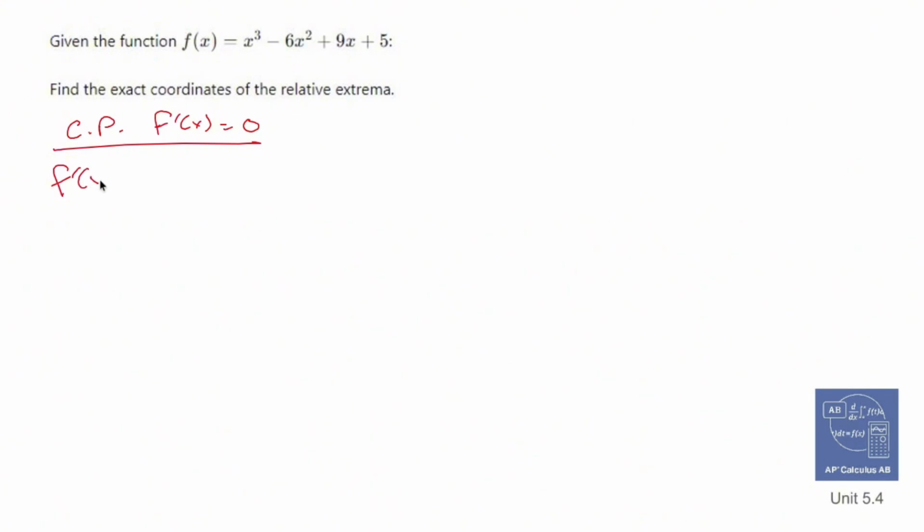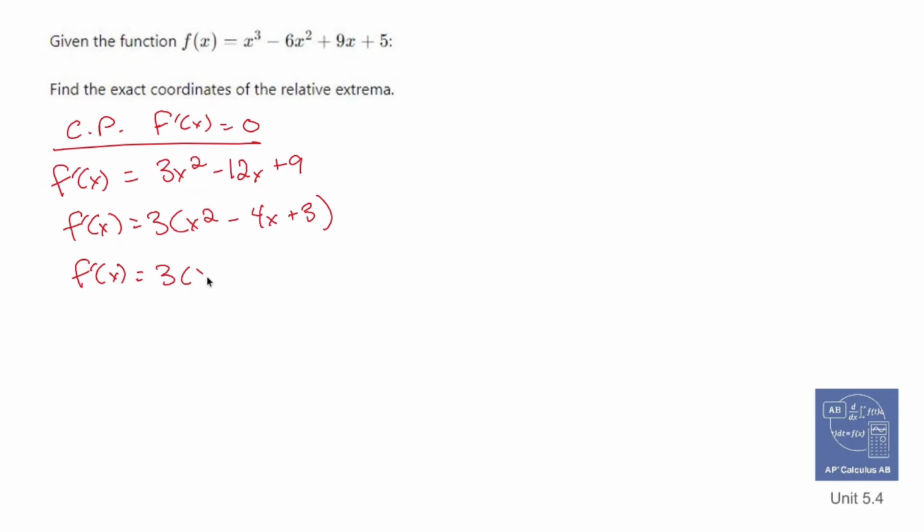F prime is going to be power rule, power rule, power rule, power rule. So 3x squared minus 12x plus 9. Let's factor out a 3 and see what happens. That leaves us with x squared minus 4x plus 3, which continues factoring out to x minus 1, x minus 3.